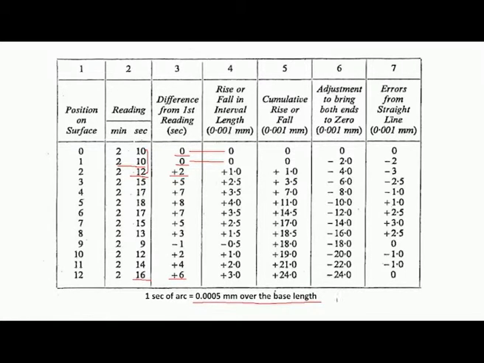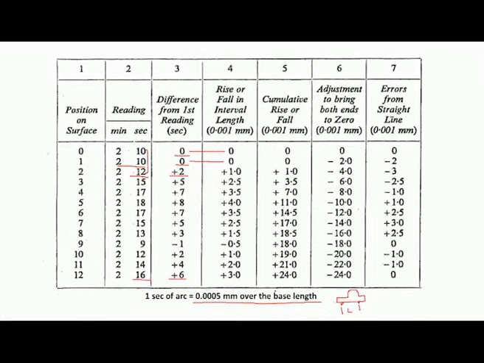That is, if the reflector is like this, we will have the 2 feet like this. So this is the base length L, which can be some 100 millimeter or 120 millimeter. So 1 second of arc is equal to 0.0005 millimeter in this case study.